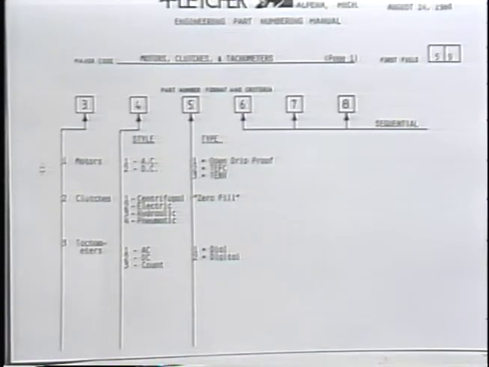Now I want to show you what this company had to do relative to a limited size part number and a limited size description. The next page, which is page number 23, addresses 3 individual commodity codes. Motors is a major commodity. Clutches is a major commodity. And tachometers is a major commodity.